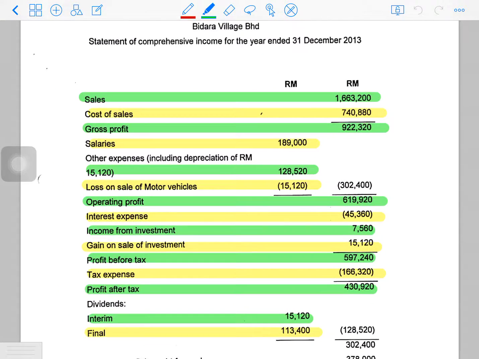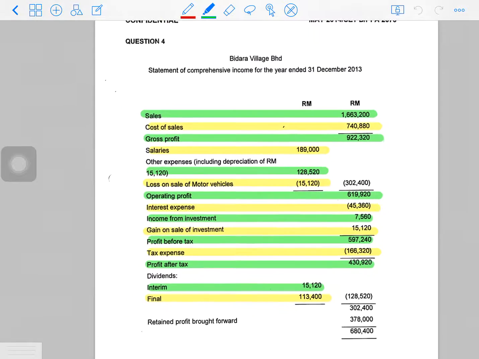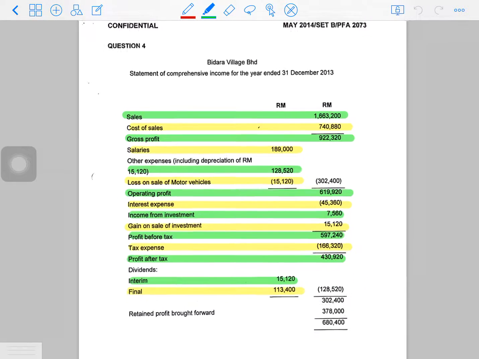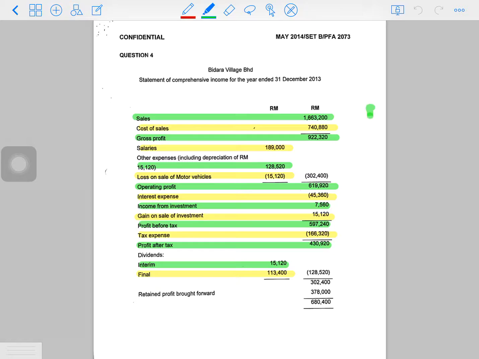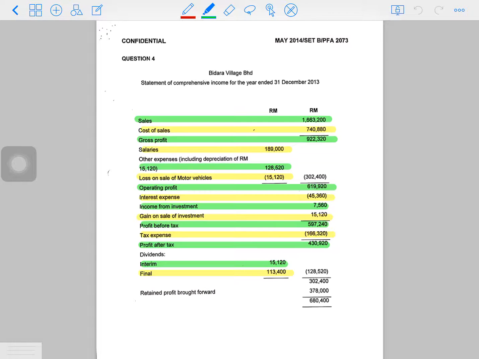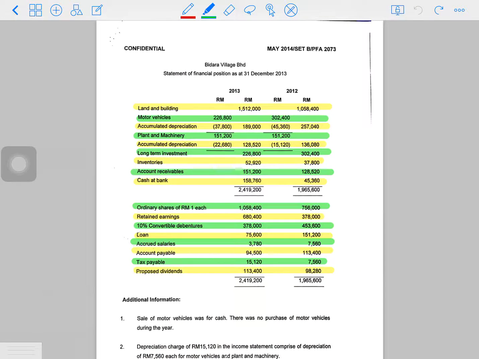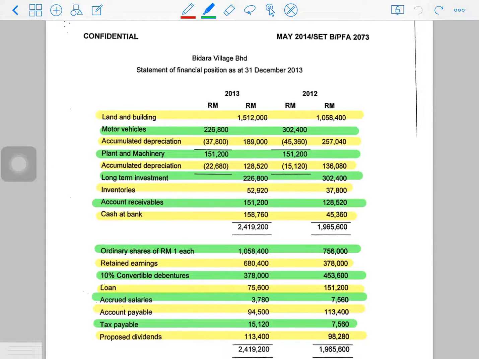Okay, Bidara Village. Normally in your final exam question, the question could give you a statement of comprehensive income and a balance sheet or statement of financial position with 2 years balance, 2 years for comparison and for you to be able to prepare your cash flows.